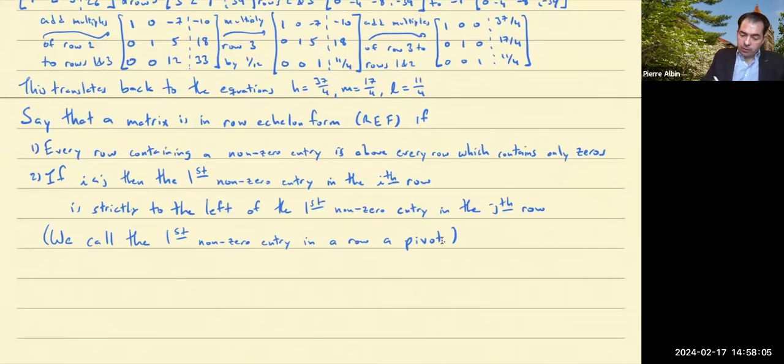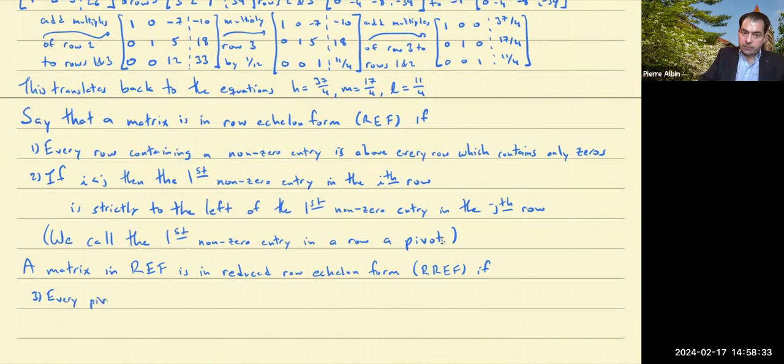So a matrix in row echelon form is in reduced row echelon form, abbreviated RREF, if, so now I'm going to ask that every pivot is equal to 1, right?